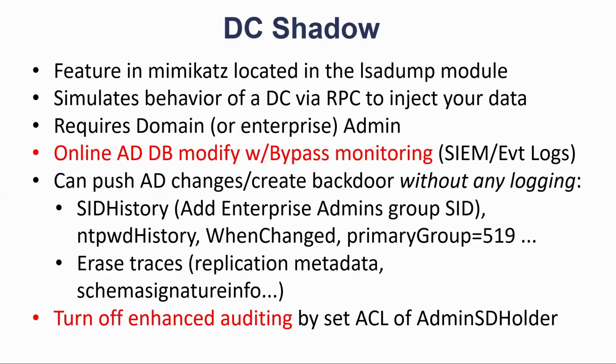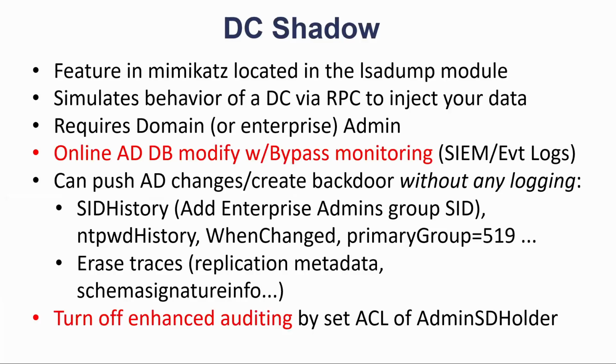You can play with SID history without any logging, because, again, we're writing directly to the database with network calls that are intended only for domain controllers and replication partners. You can add, for example, the enterprise admins group SID to a user using SID history. You can modify the password history, so you can change a previous password without touching the current password and without changing the last time that you changed the password.